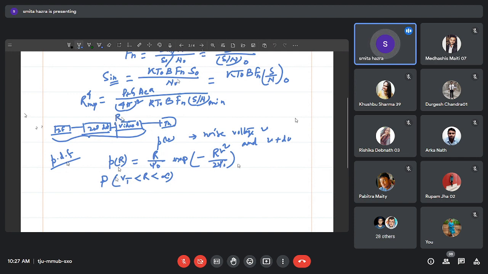Now to get the probability, we have to integrate the probability density function. The range of the integration is: lower limit Vt, upper limit infinite.